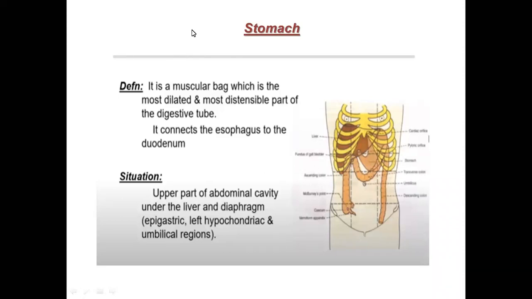Can anyone tell me? Anyone would like to try? Where is this location of the stomach? In which quadrant of the? Nupur, would you like to try? Deebalina, would you like to try?